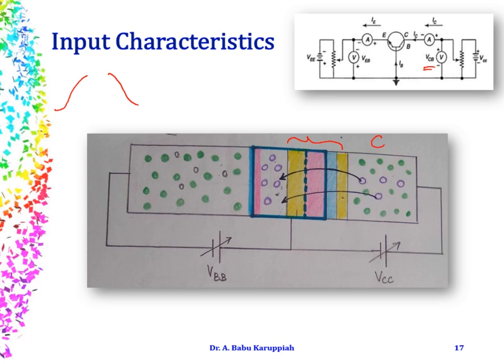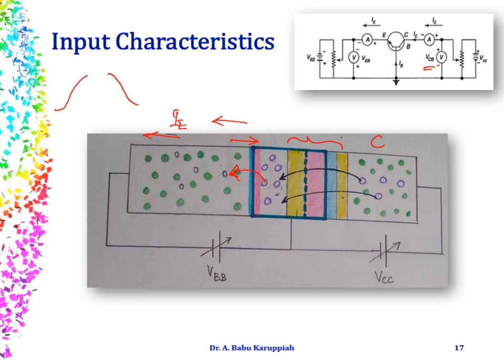So the holes are pushed towards this base region, and from here the holes will move to the emitter region, because the negative polarity would start attracting the holes to the emitter. Already there would be an emitter current flowing. So electrons will move in this direction. The conventional flow is in this direction, which is the same as that of the hole current, is it not?